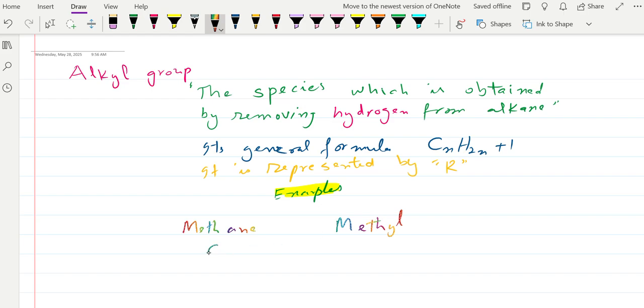The formula of methane is CH4. You can see the tetravalency of the carbon is fulfilled by 4 hydrogen atoms. In case of alkyl group, which is methyl, its formula will be CH3 and 1 valency will remain vacant, and this is known as methyl.